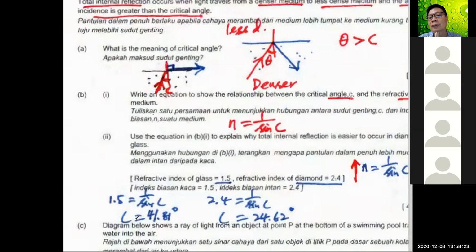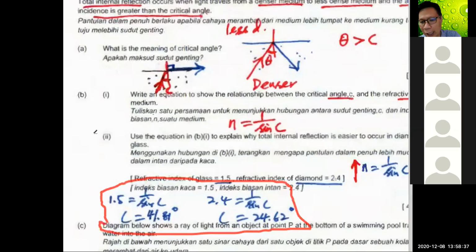Okay, now to answer this question, first thing, copy down these two first. Then I tell you the answer. This first one is for glass, second one for diamond. Okay, copied already?